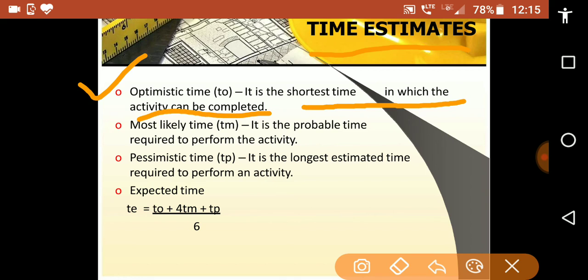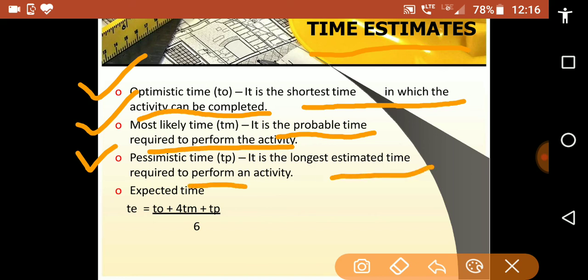Next is most likely time, TM. It is the probable time required to perform the activity. Next is pessimistic time, TP. It is the longest estimated time required to perform the activity.